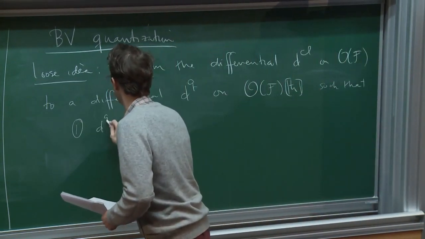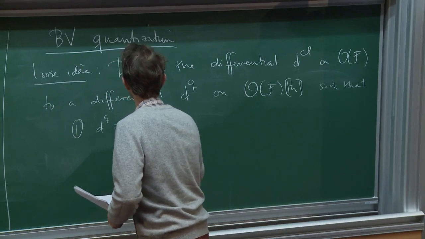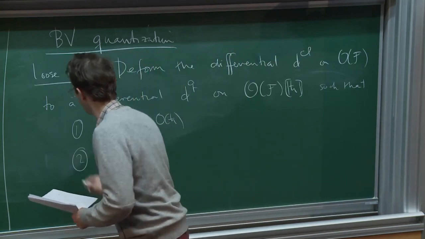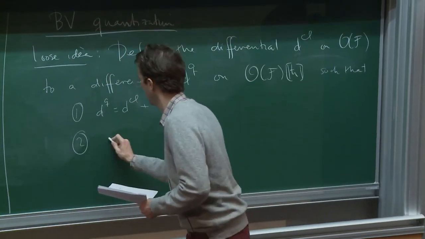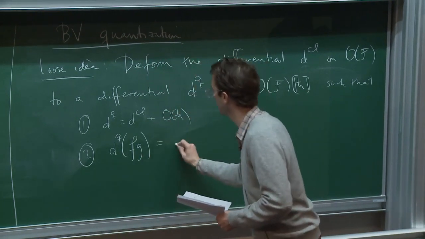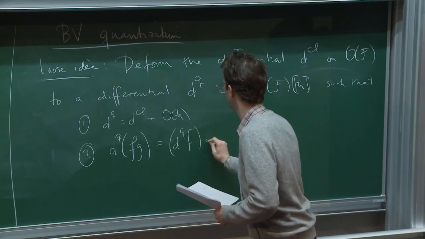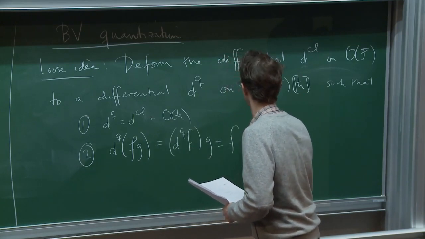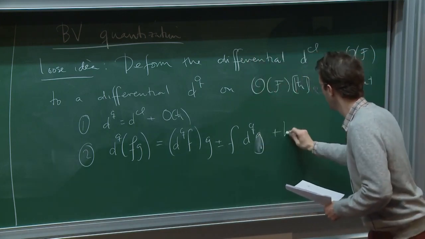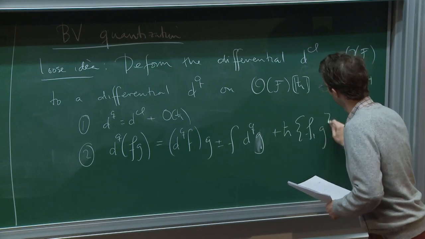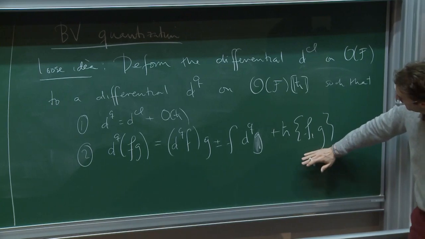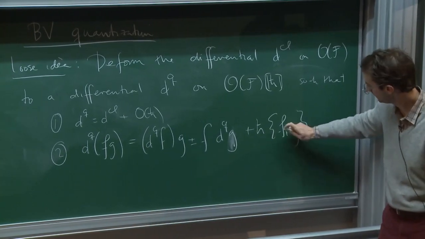One, this is just the classical differential, plus things that are order of h-bar. And the crucial condition is that on the product of observables, the quantum differential fails to be a derivation for the algebra in a way that depends precisely on the bracket.